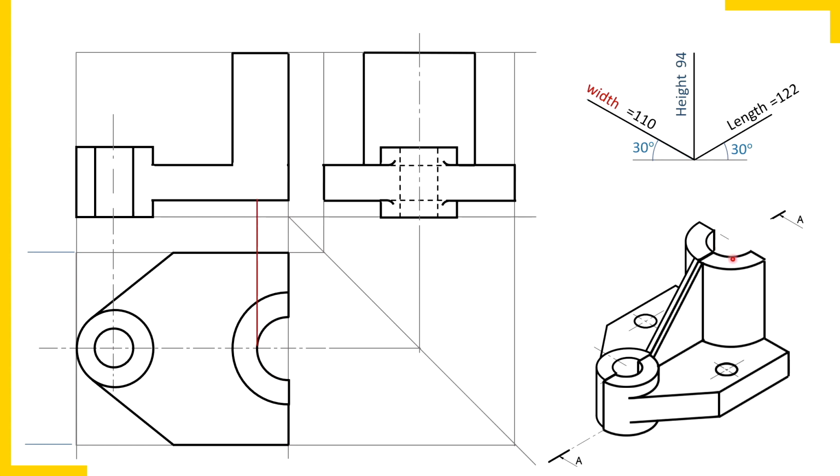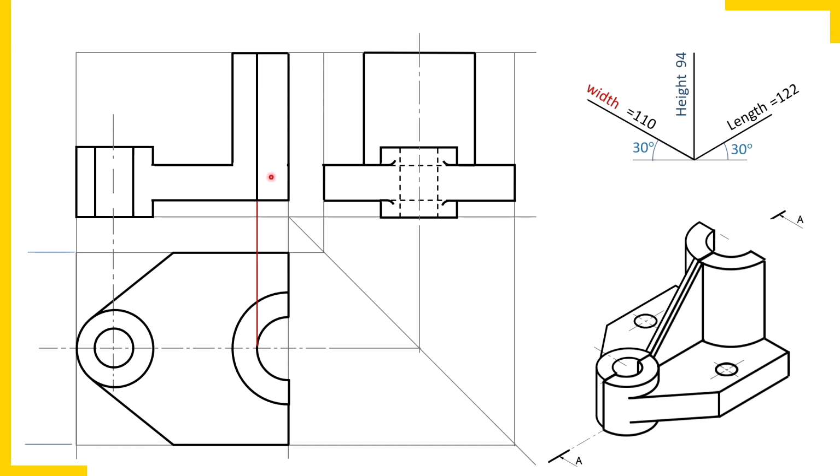When the depth of a slot or a hole is not given, it is to be assumed a through hole. It should have an opening on the other side. So this semicircular slot from top to bottom we are going to show. Watch here. And the slot is getting cut. Had it been a full front view, we would have drawn the slot hidden from the front. But because of the cutting, the inner surface of the slot is visible now.